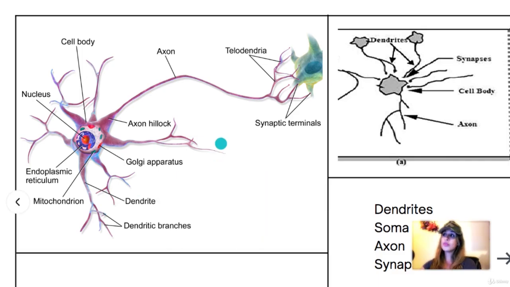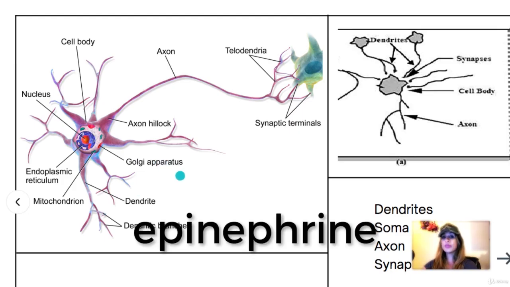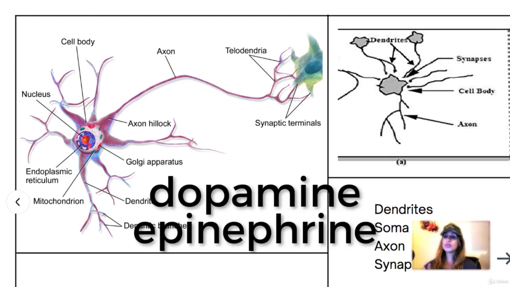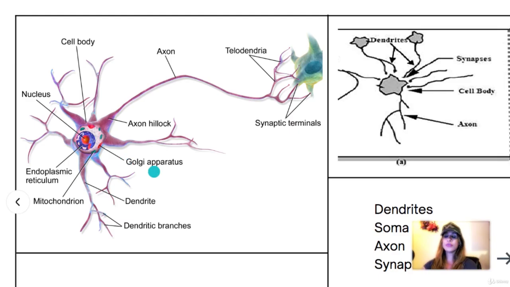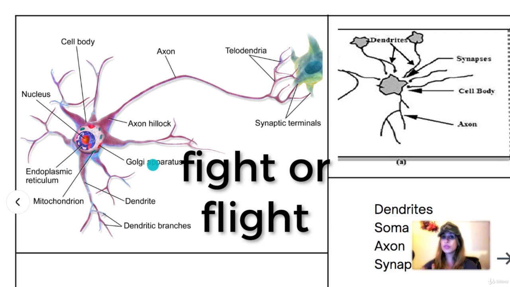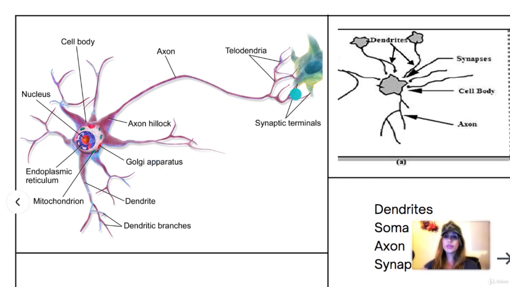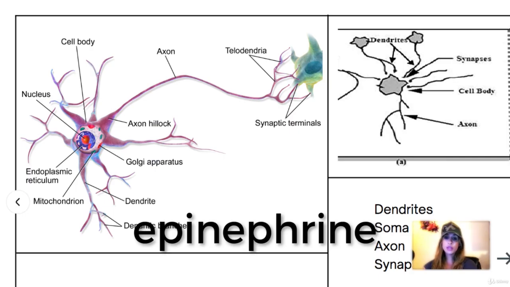An example of a biological excitatory signal, which is a type of input, is epinephrine or dopamine. So if our body gets an input to trigger some sort of fight or flight reaction, that output would stimulate the neurotransmitter epinephrine.